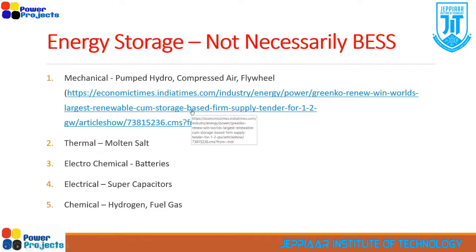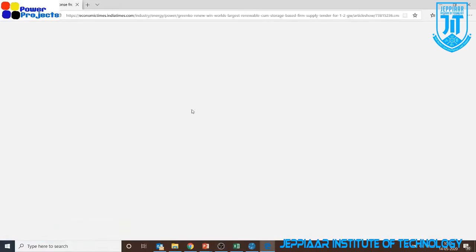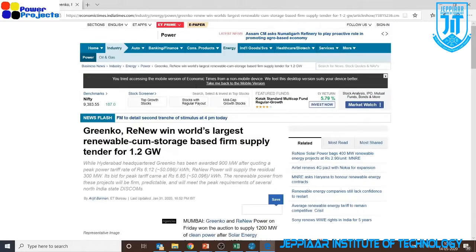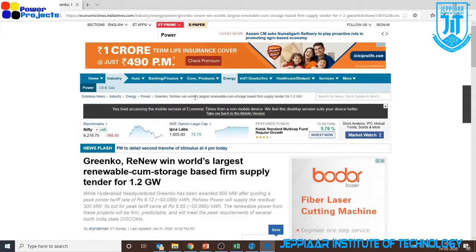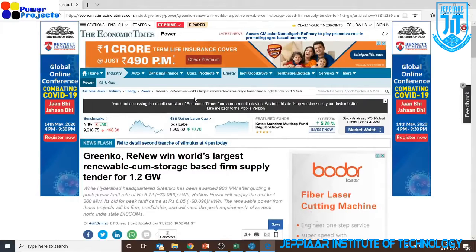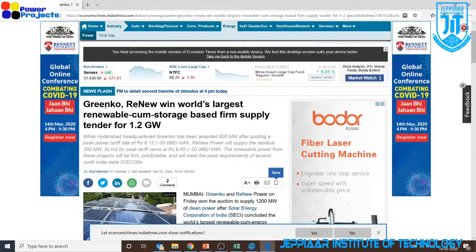Let me quickly go to the information about the Indian sector with respect to energy storage. Very recently, Greenko and Renew Power won the world's largest renewable storage based firm supply, that is 1.2 gigawatt.